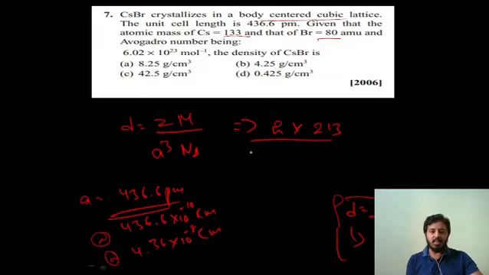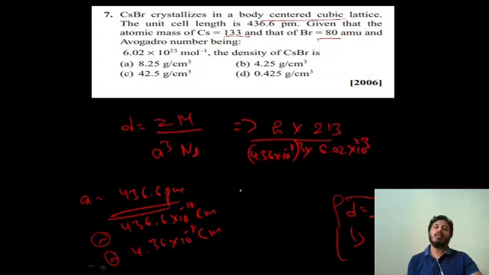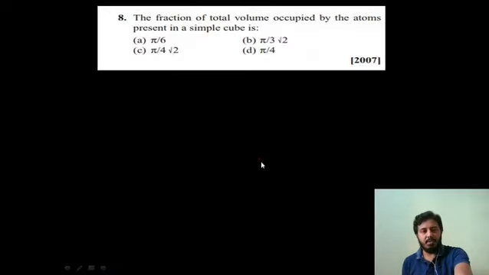So we have to consider 4.36 into 10 power minus 8 whole cube and Avogadro number, that is 6.02 into 10 power 23. After simplifying all these substitutions, you will get 8.250 gram per centimeter cube. That is option A.